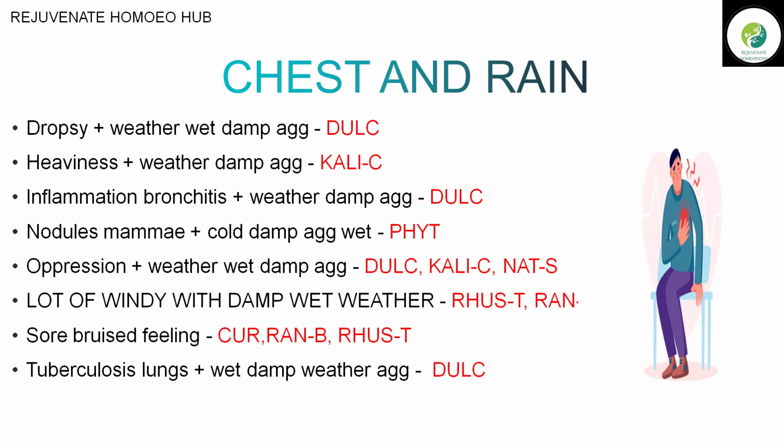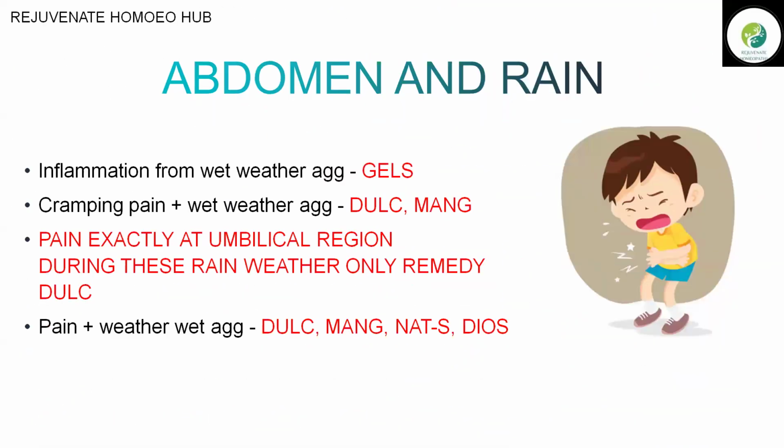Tuberculosis of lungs, which is aggravated with wet damp weather, is Dulcamara. Abdomen, inflammation from wet weather is Gelsemium. Cramping pain is Dulcamara and Magnesia. Whenever the patient complains, doctor, in this rainy weather I get pain exactly at the umbilical region, that is aggravated only in this monsoon season: Dulcamara, single remedy Dulcamara.